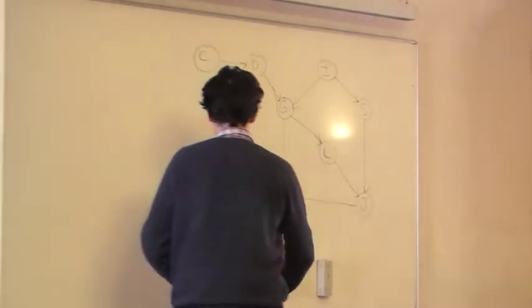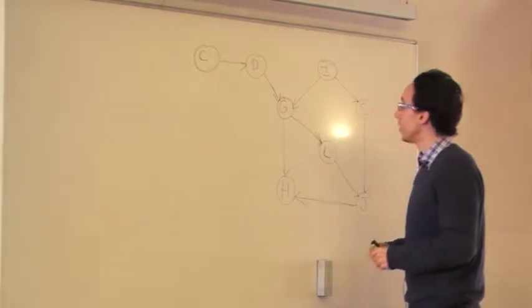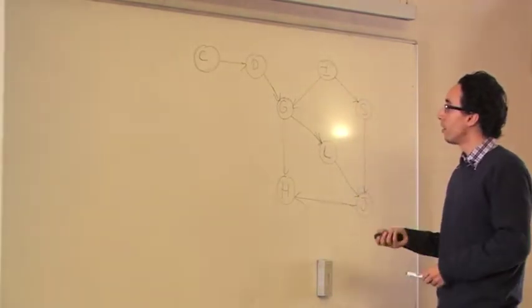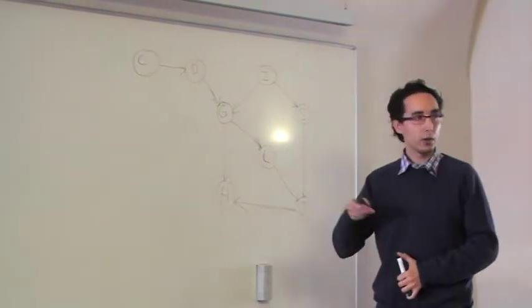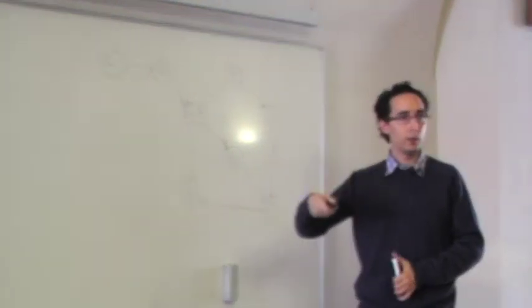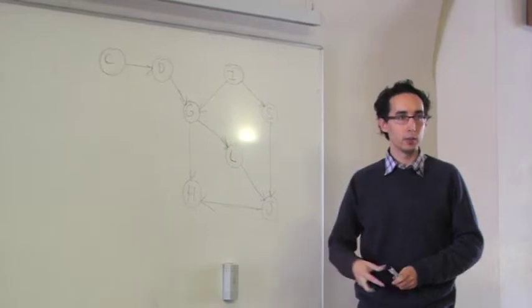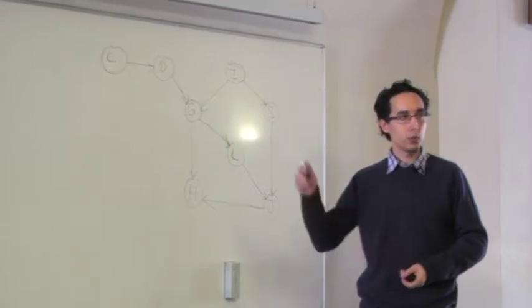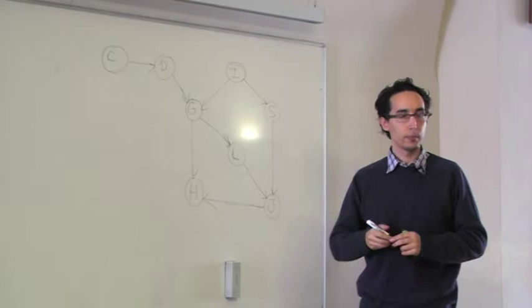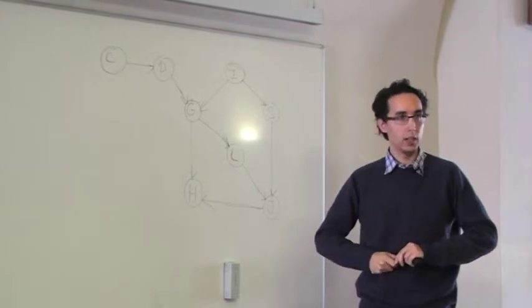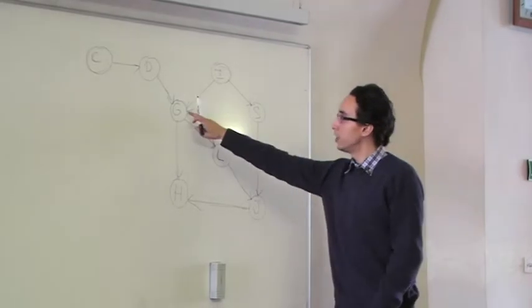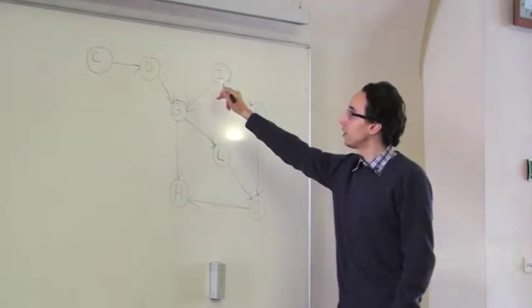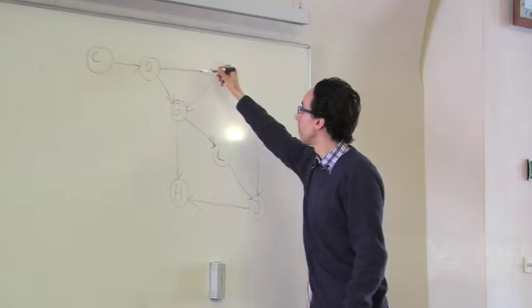Basically, for each node in the graph, we have a factor that depends on the node and the parents of that node. Because of this, we connect all the parents of the node because they appear together in that factor. So in this case, G has two parents, D and I, so we connect them.